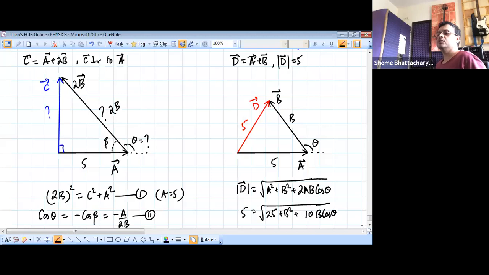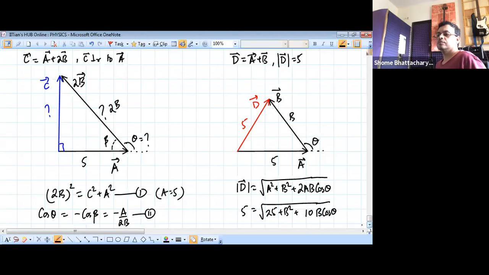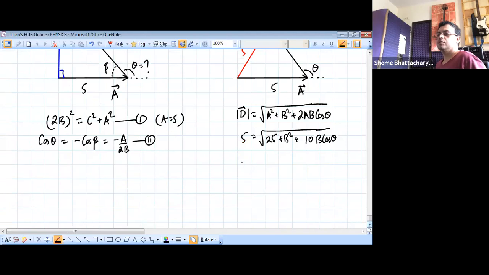Or we can square both sides of this equation and get rid of the 25. So 25 is equal to 25 plus b square plus 10b cos theta, or b square plus 10b cos theta is equal to 0. That is my third equation.